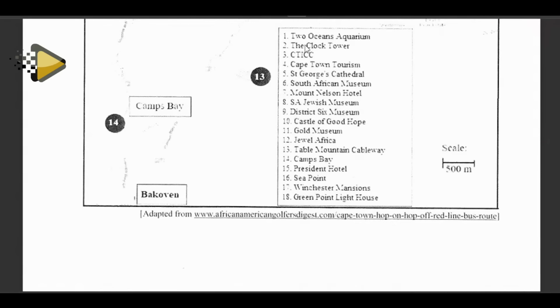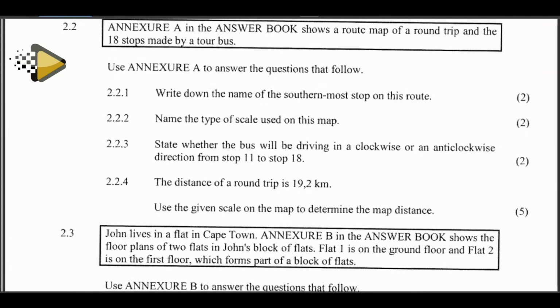But of the stops, we don't have Bakoven here. And it's not numbered. So probably you would have said 14, Camps Bay. Bakoven or Camps Bay.